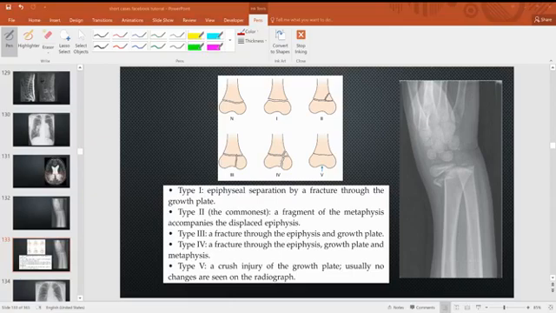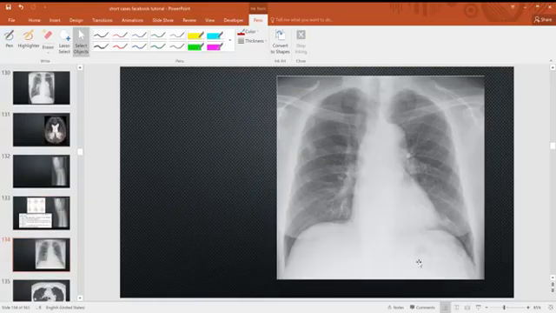Okay, we can move to the next case. This is just an X-ray with an incidental finding.